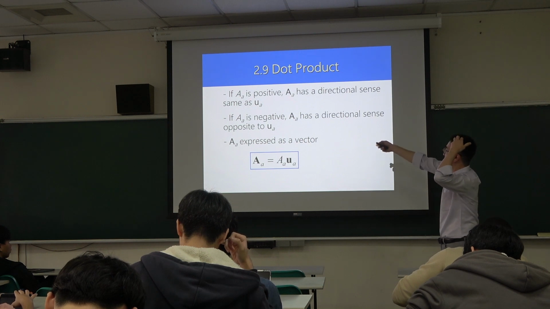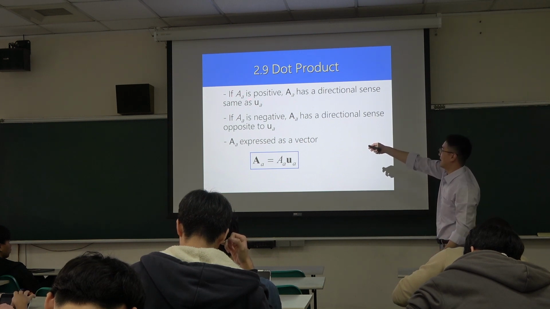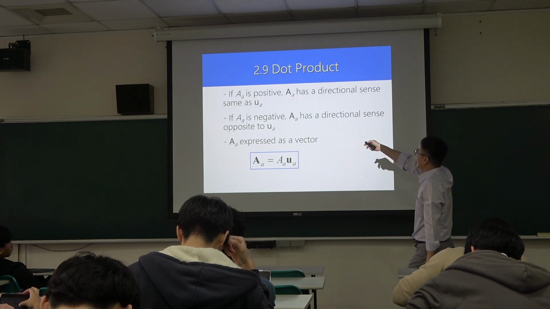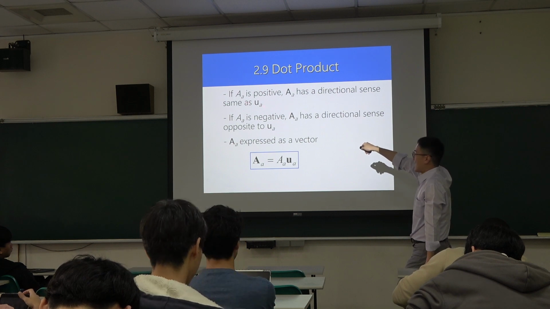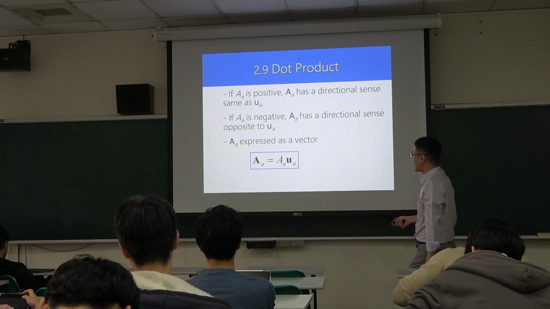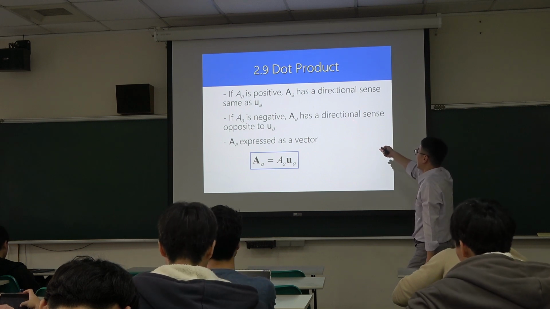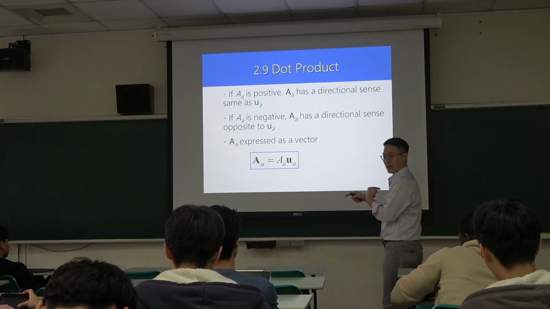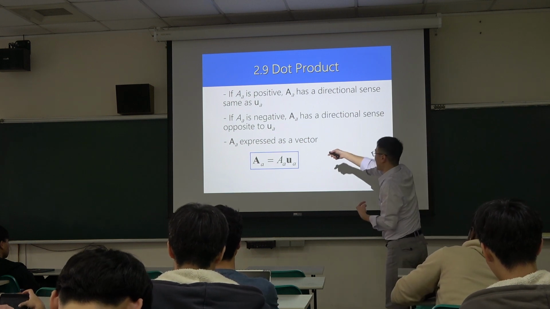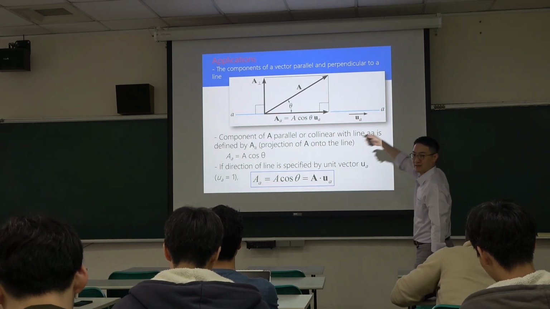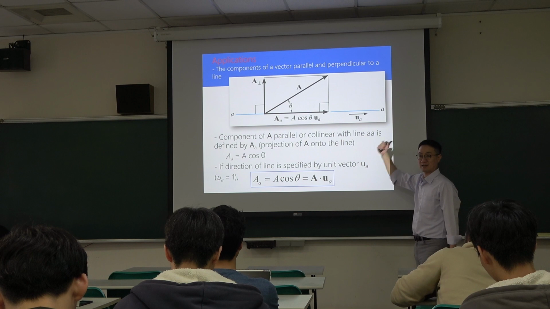Okay, if value A is positive, that means the vector direction is the same as the unit vector. Then if we get a negative value, that means the vector direction is different from the unit vector. This unit vector comes from how we define which way is the positive way.